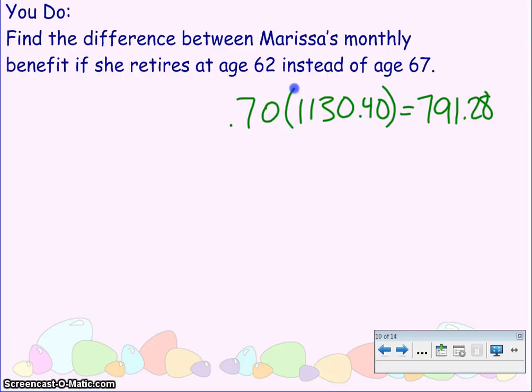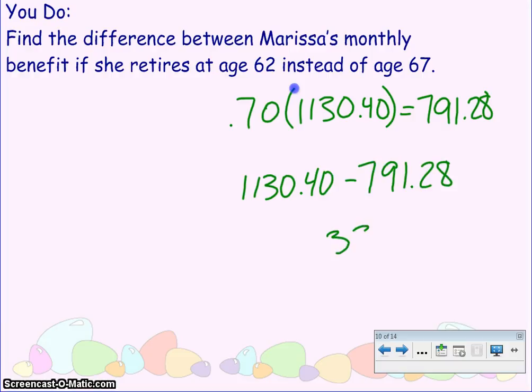So the difference between the two, I would just simply subtract the two, and I find that she's getting a difference every single month of $339.12.